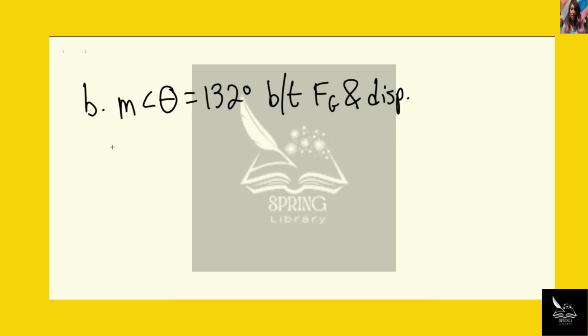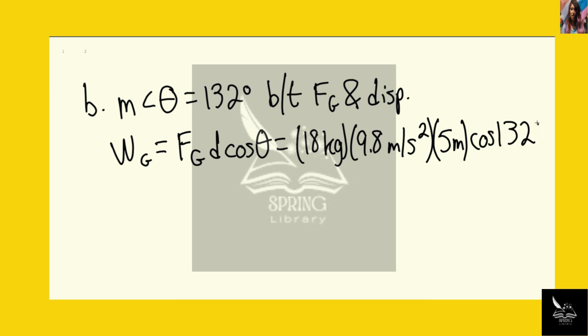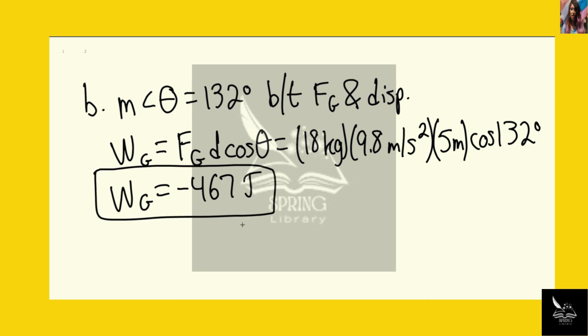So we can say that the work done by gravity is going to be equal to the force of gravity times d cosine of theta, and this is equaling, of course, 18 kilograms times the acceleration due to gravity, 9.8 meters per second squared, times the displacement of 5 meters, and then cosine of 132 degrees. So the work done by gravity is going to be negative 467 joules. So this would be our answer for part B.